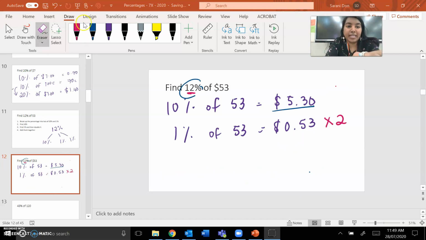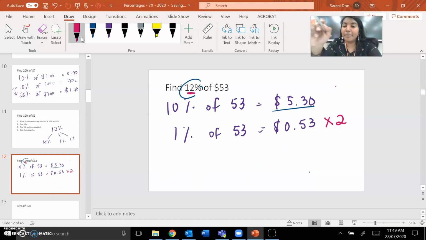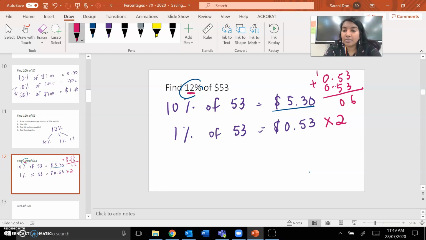Sorry guys, some editing issues with the computer, but like I said, we're going to multiply this by 2, so 0.53, I'm just going to add them together. 3 plus 3 is 6, 0, 1, so $1.06.